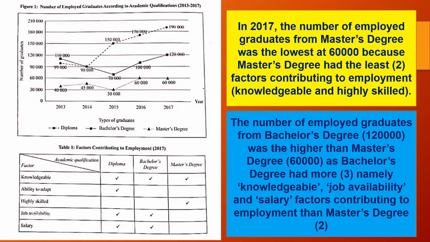Okay, we have two here. In 2017, the number of employed graduates from master degree was the lowest at 60,000 because, linking word, master degree had the least factors contributing to employment, knowledgeable and highly skilled.